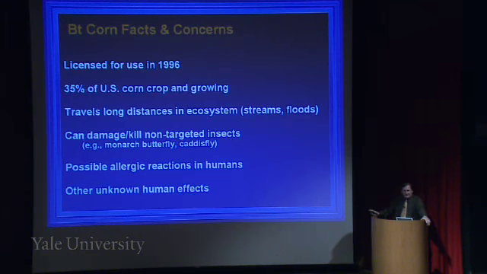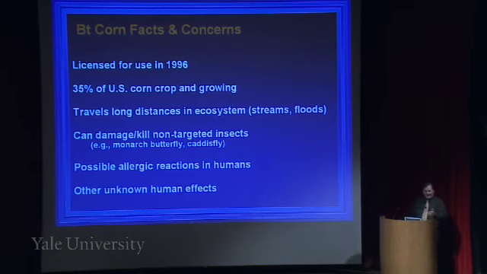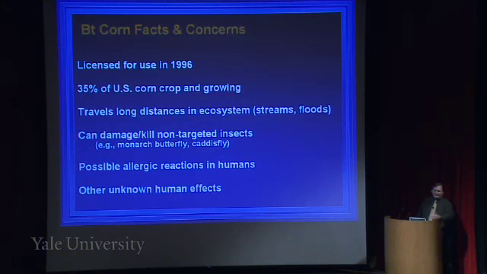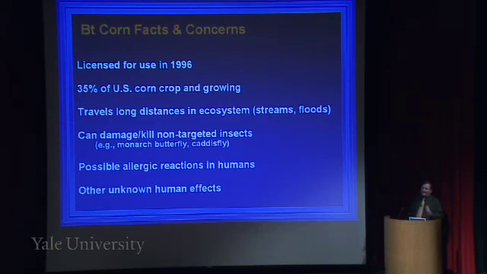So if that slide that I showed you before from the University of Illinois would be typical, the genetically modified corn and its byproducts in the corn plant are not going to be confined to that particular field, because they'll be carried elsewhere, particularly through rainwater, flooding, and storms, into other places. And so to the extent that the genetically modified corn is having negative impacts, it is not confined to the areas just where it's being grown.